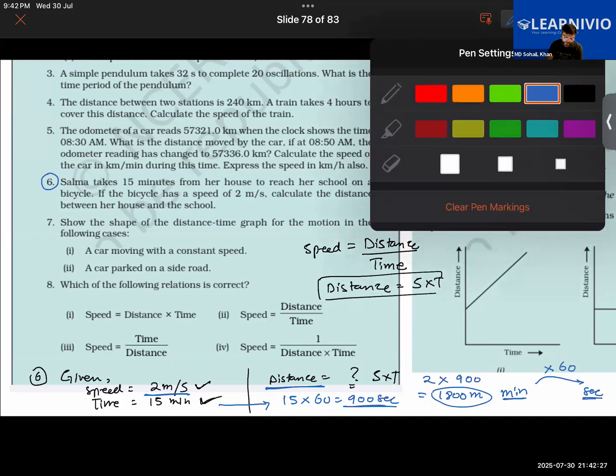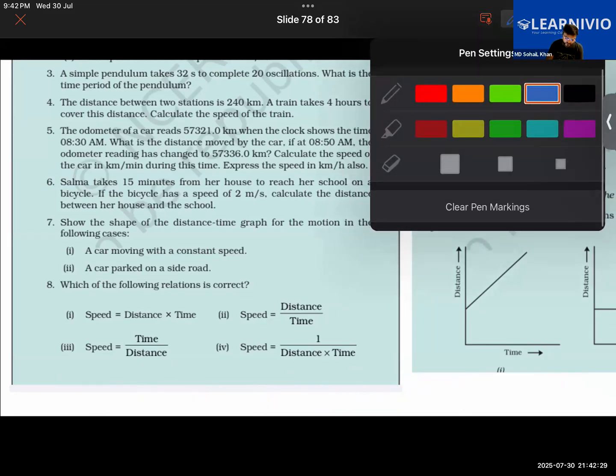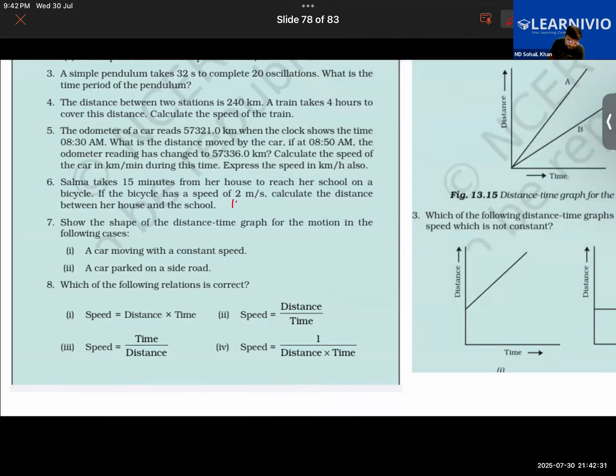Ibrahim, you were saying something. Sir, is it possible that there can be a line which is parallel to the y-axis, the distance axis? No, that is not possible.